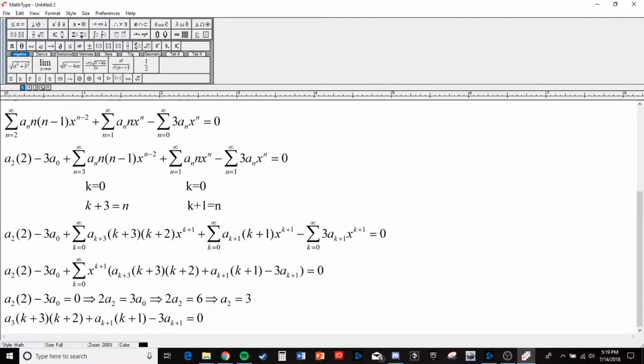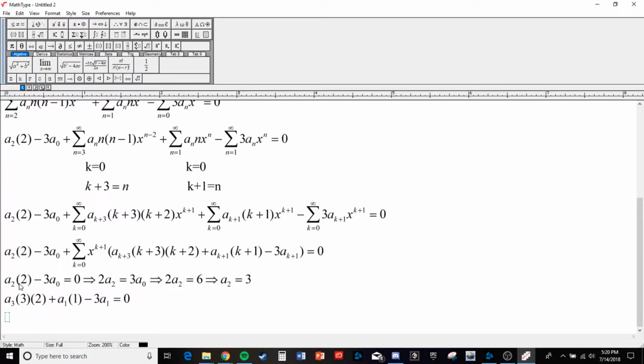Here it's just going to give you 3. Here it's just going to give you 2. It's going to give you 1 right here. And I'm sure you can already see what the final steps need to be. So this is going to be 3 times 2, which is 6. 6a sub 3.